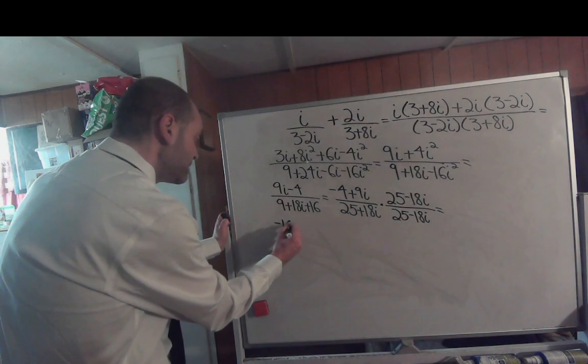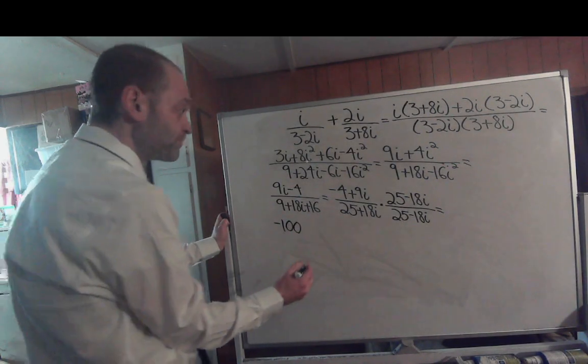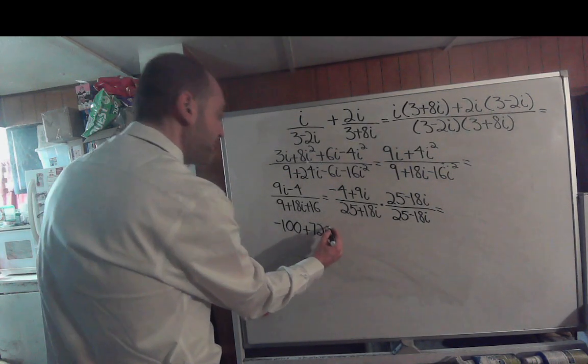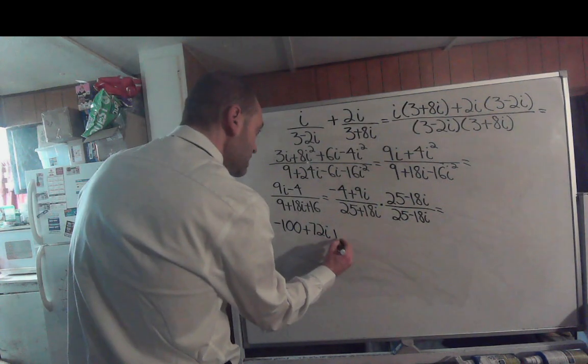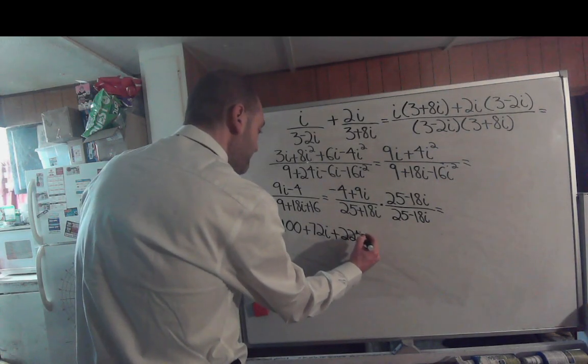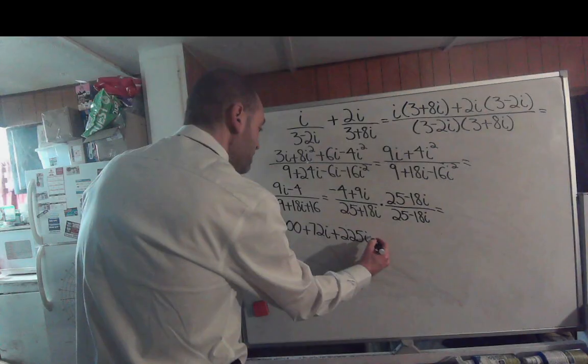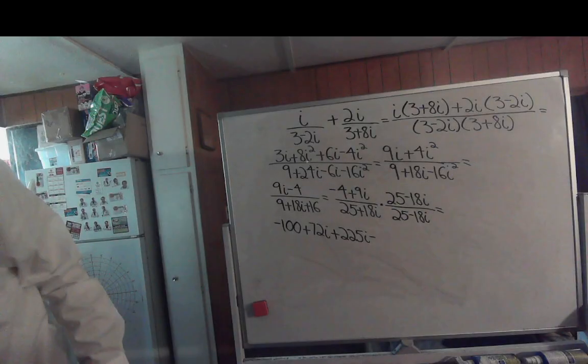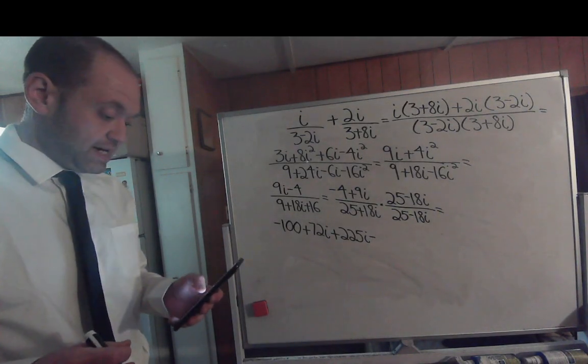Numerator, you get negative 100 plus 72i plus 225i minus, boy oh boy, I gotta take 18 times 9.